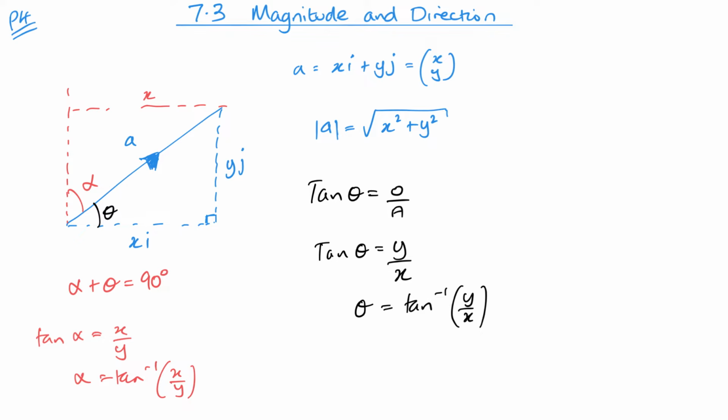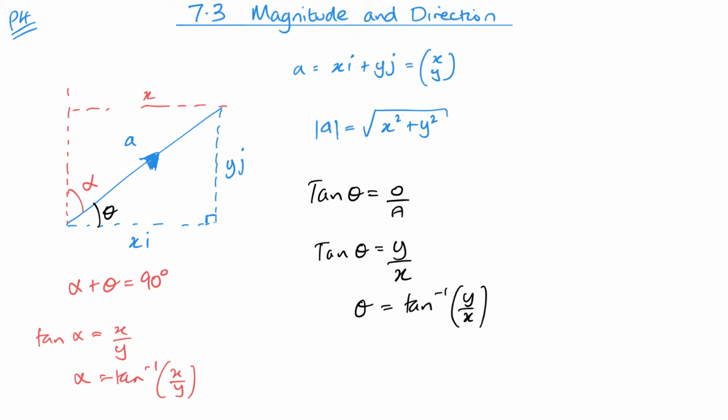Personally, stick with this one, but I think actually if I take a step back, it's probably easier if you can do a little sketch of your vector within the question and put your angle on it, then you should be able to work it out without remembering any of these. Equally, without really even remembering this, remember it's just Pythagoras. That should be ingrained in you by now.